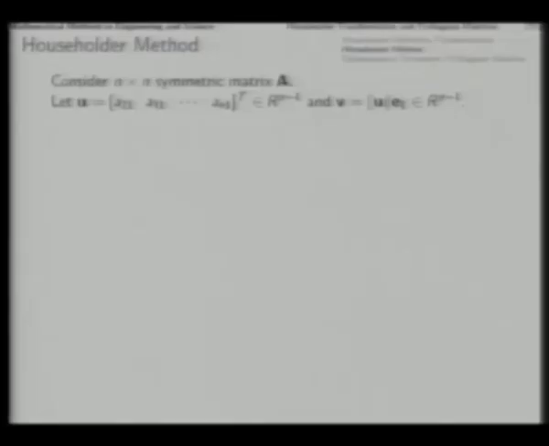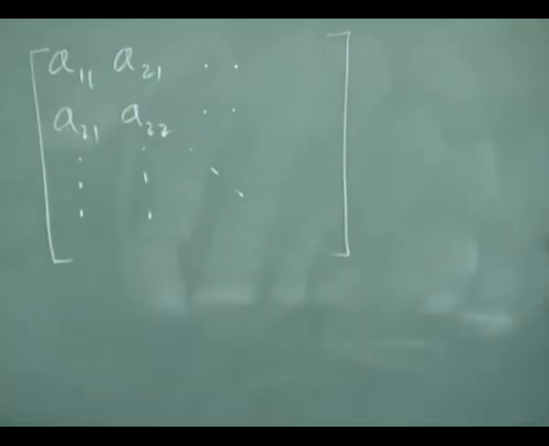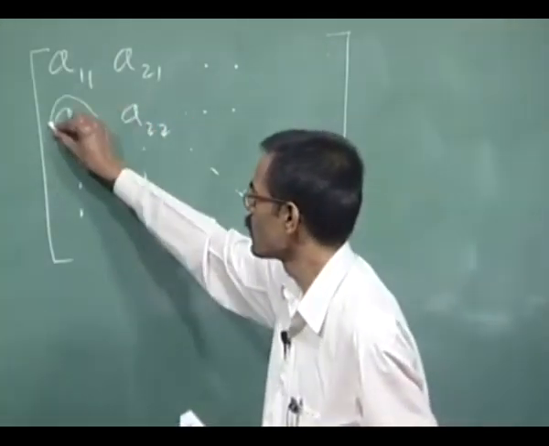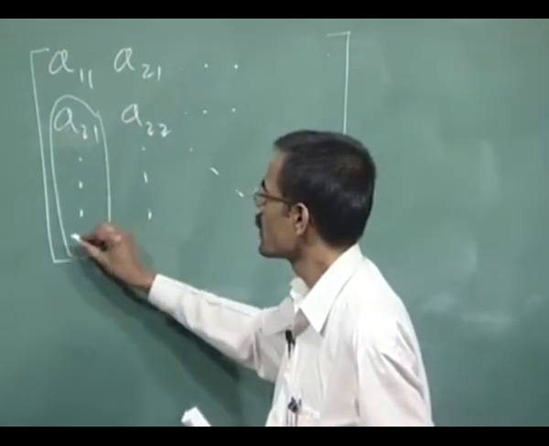Now, in the reflection context, take this u to be the vector a_21 to a_n1, transposed, which makes this row vector a column vector. If the matrix is n by n, then this vector u is an n minus 1 dimensional vector, because the top entry a_11 we have left out, and that vector u starts from a_21. That means this much is taken as u.